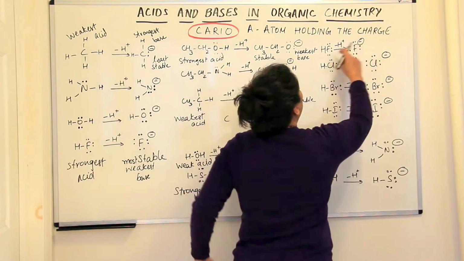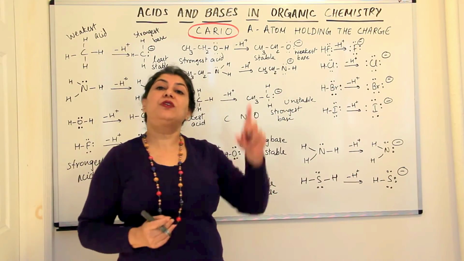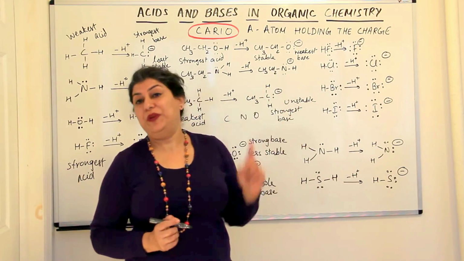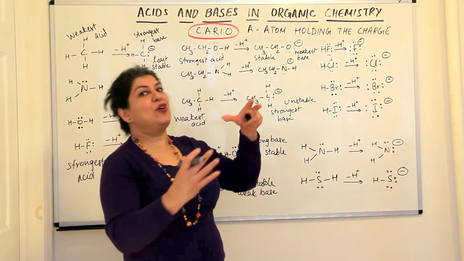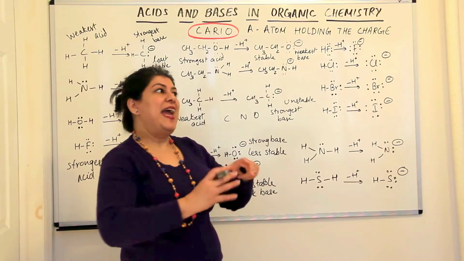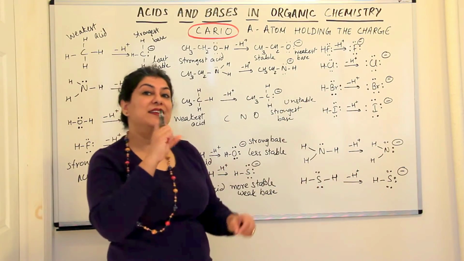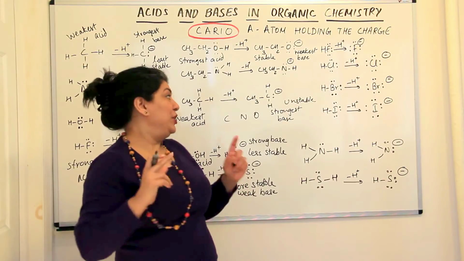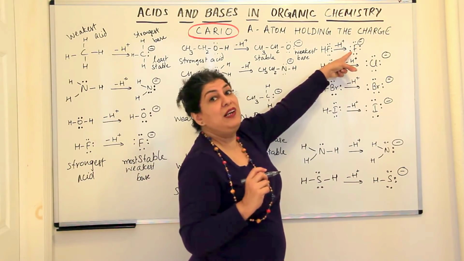So compare fluorine, chlorine, bromine, iodine. All four of them belong to the 17th group of the periodic table, and as we go down the group, the size of the atom increases, and as the size of the atom increases, the lorry and the small little trolley, you have to remember. So this is the lorry and this is the small little trolley.